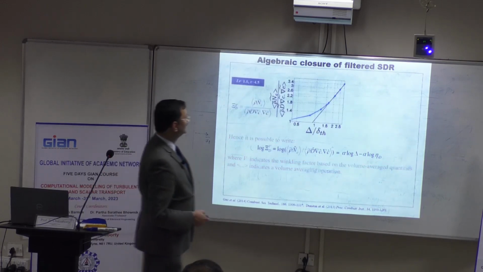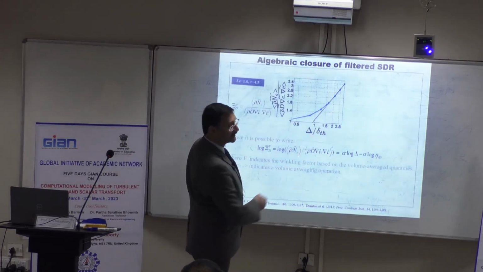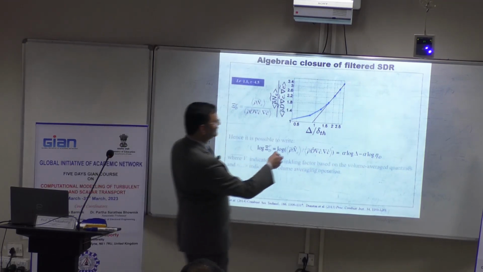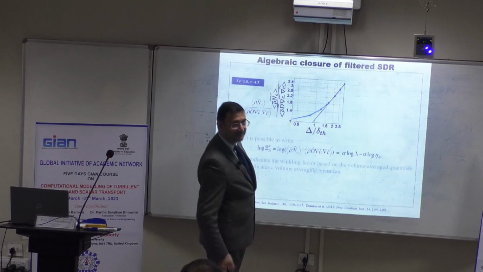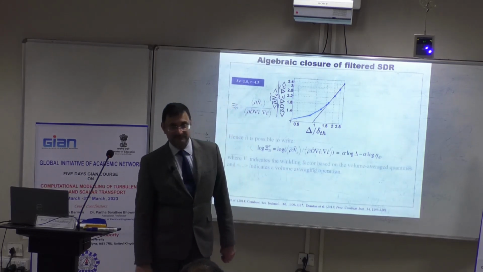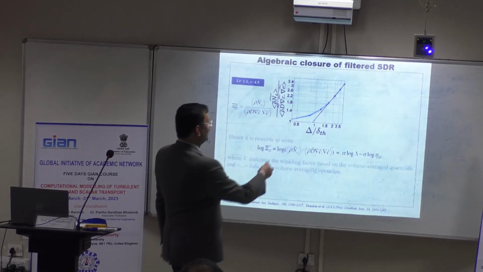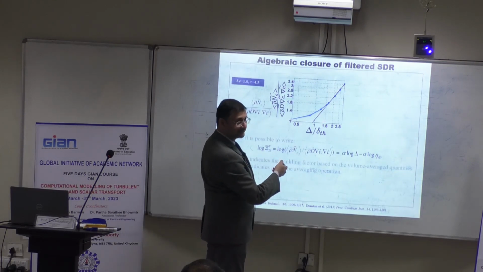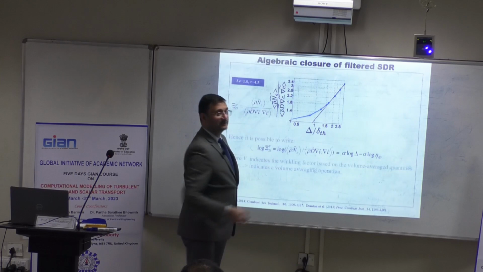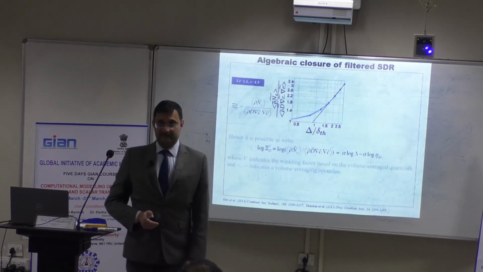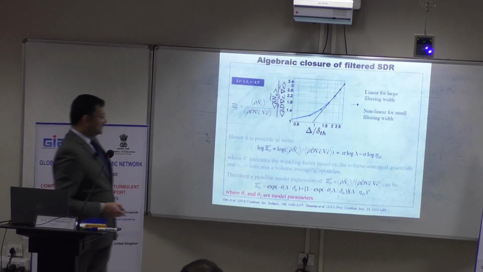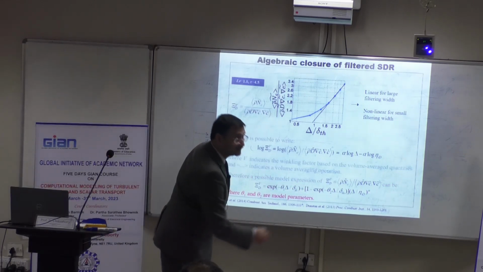So firstly, see whether it actually gives you a power law or not. There's a part which is linear, so the slope will give you the power law exponent, where this linear part intersects this axis, this gives you the normalized inner cutoff scale. And based on that, one can come up with this relation.